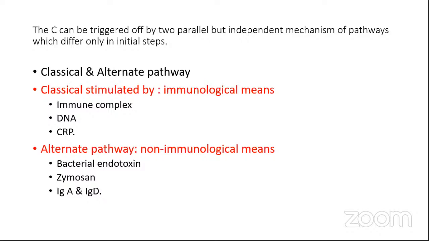The classical pathway is usually stimulated only by immunological means, like an immune complex or DNA or C-reactive protein. Whereas the alternate pathway can be activated by non-immunological substances like zymosan, bacterial endotoxin, IgA or IgD. Is it clear? So classical needs only an immune complex, whereas alternate does not need an immune complex or immunological means for activation.